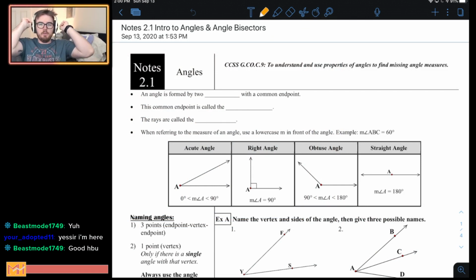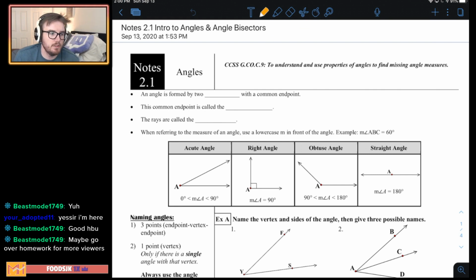Right about here is where I'll start the lesson. Hello, geometry folks, tuning in and watching this replay or watching the live stream right now with me. We are about to do lesson 2.1 notes. If you've been able to print out those notes, that's awesome.